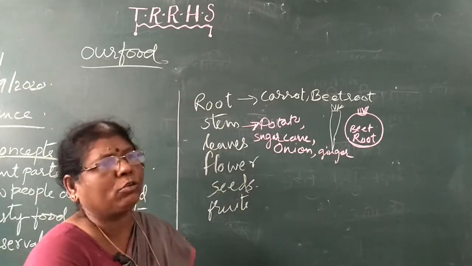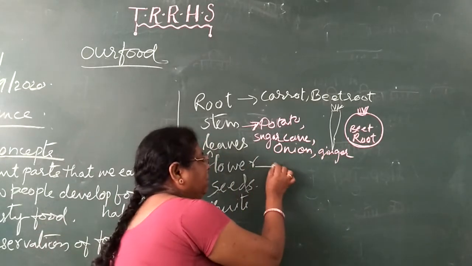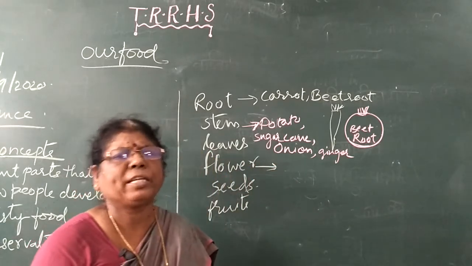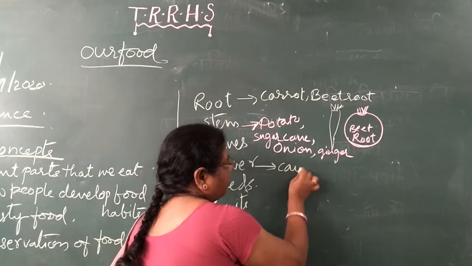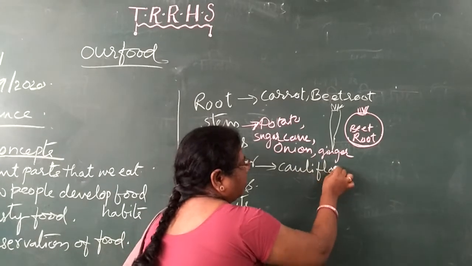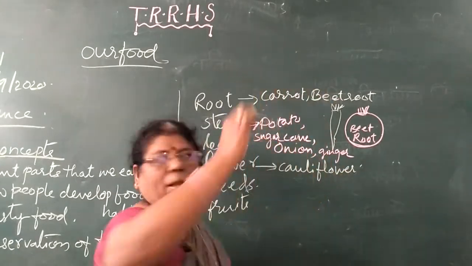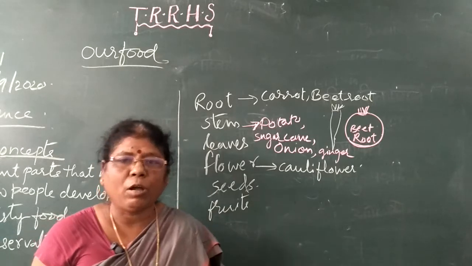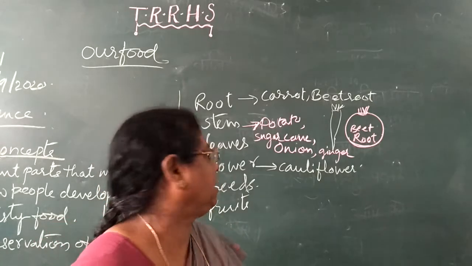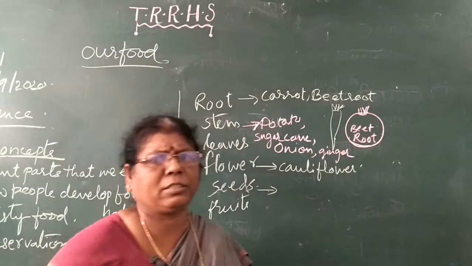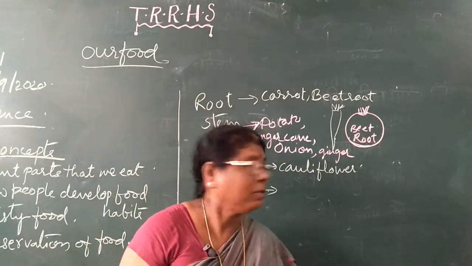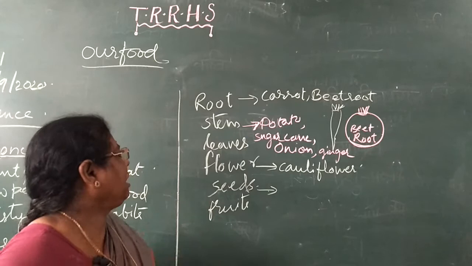Next coming to flower. We eat the flower part sparingly. That is cauliflower. We eat cauliflower.